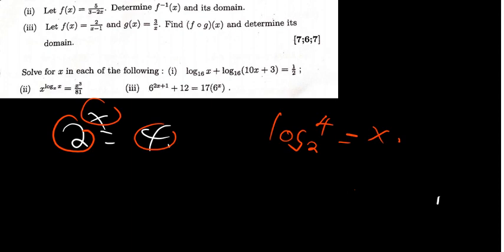Meaning that is 2 to the power x is equal to 4. You get it? So now we have the formula which we have here. We have this equation which is log 16x plus, the bases are the same. So what do we do if the bases are the same?